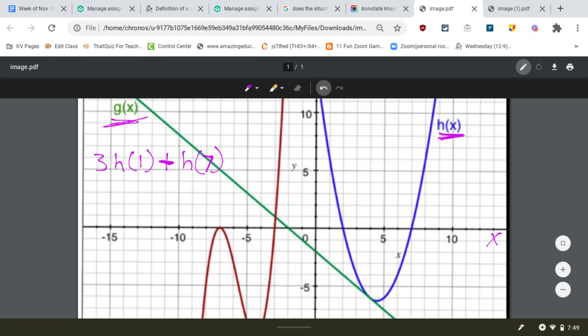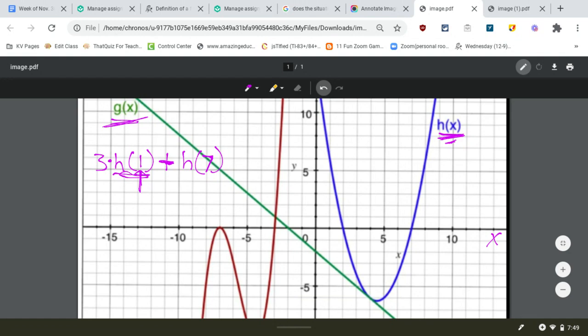So it says find 3 times h of 1 plus h of 7. Well, this h of 1 part right here, all this means is you go to the h function and you plug in 1 for x.